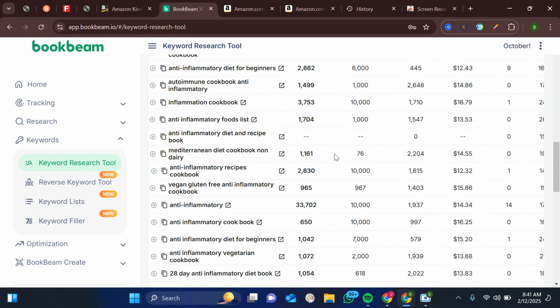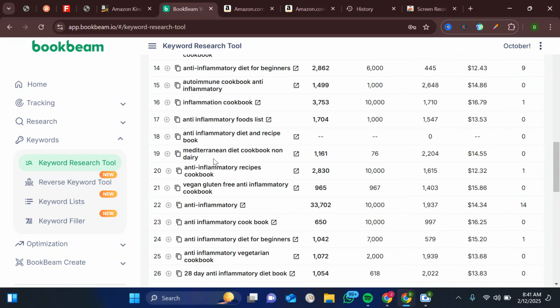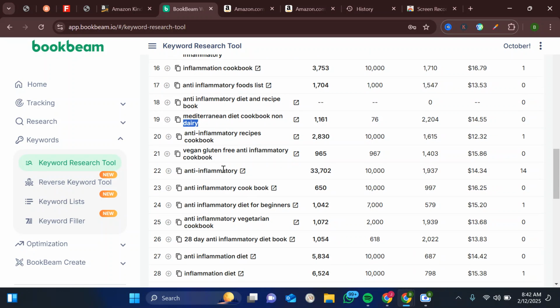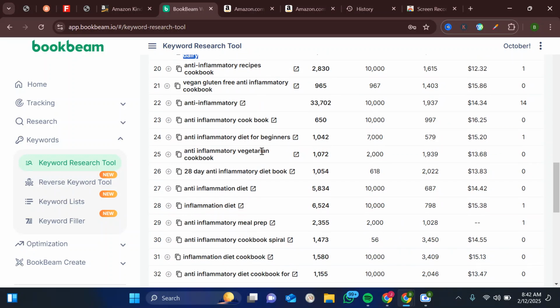I think this is perfect. So you can take note of this dairy also. I'll copy all these word phrases one by one and add them somewhere. I don't see dairy, rather non-dairy. So I take note of that. I will still check more.